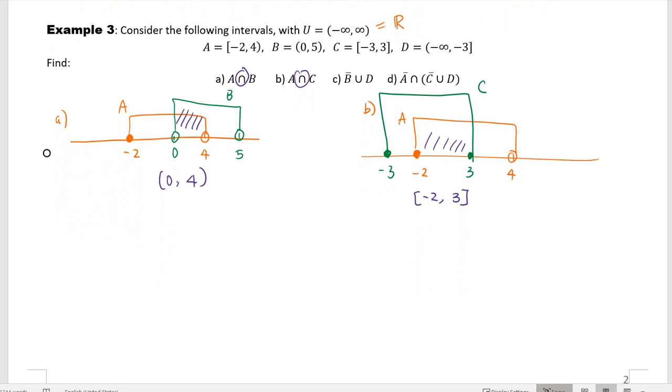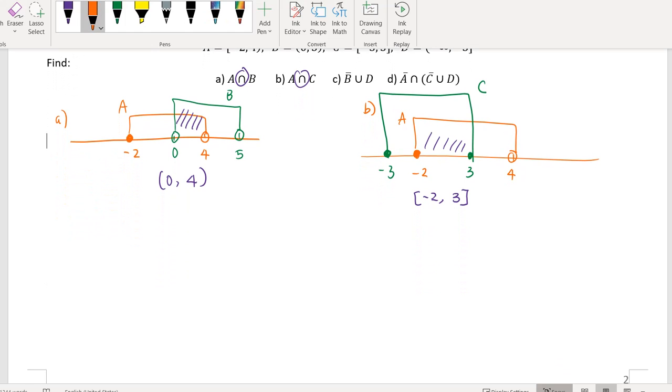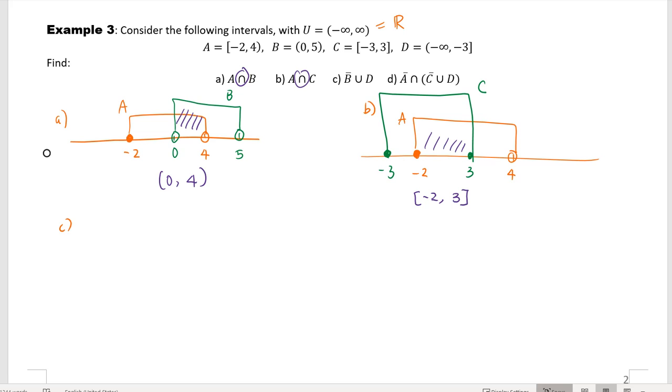Have you finished? Let's check our work. So B complement. What is B complement? B is 0 to 5. The B complement will be outside of 0 and 5. So 0 here, 5 here.